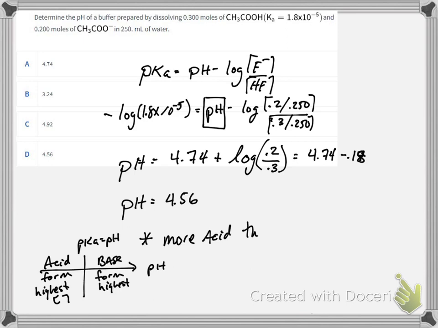If we have more acid, 4.5, 4.7, it says yes, we should have more of the acid form. We do in this problem, it's 0.3 over 0.2. And so yes, this does make sense.